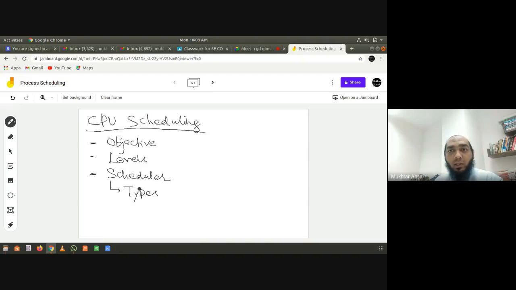We have three types: the long-term scheduler, the medium-term scheduler, and the short-term scheduler. Very, very simple. After that, you can differentiate between all these three types. It does not come in the exam, these things are not in your syllabus, but I'm mentioning all this in order to understand the topic clearly.